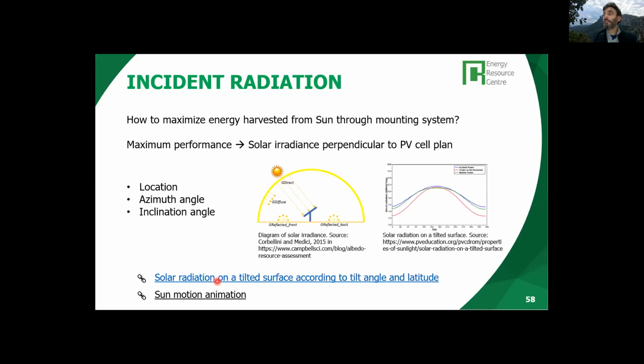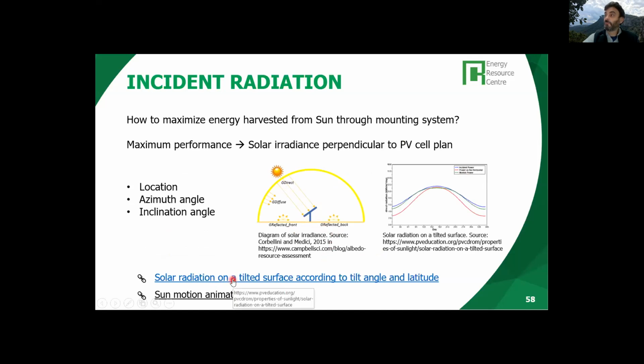Okay, let's remember some of the things we mentioned last week. What could be the different factors that affect the efficiency or the production that we can expect from a PV panel? The tilt, the inclination, the orientation.